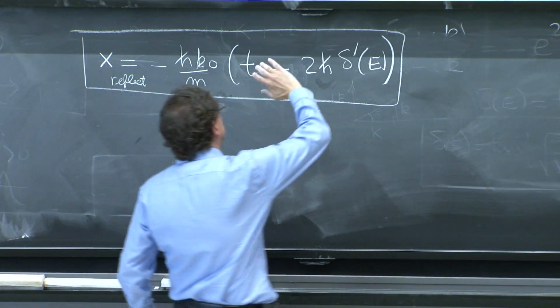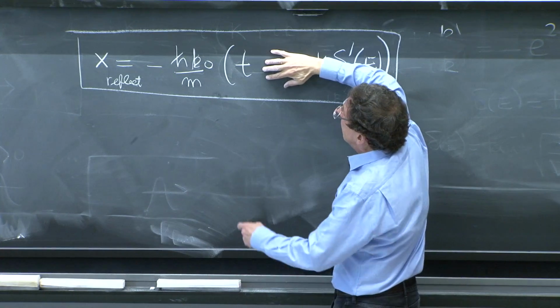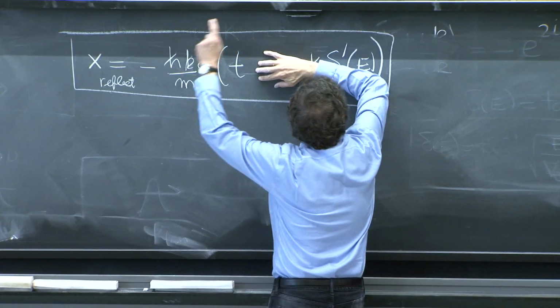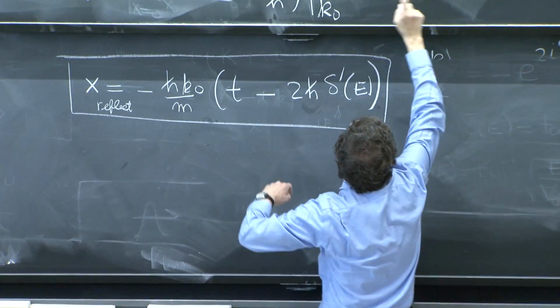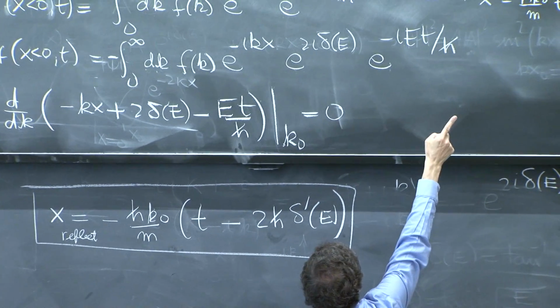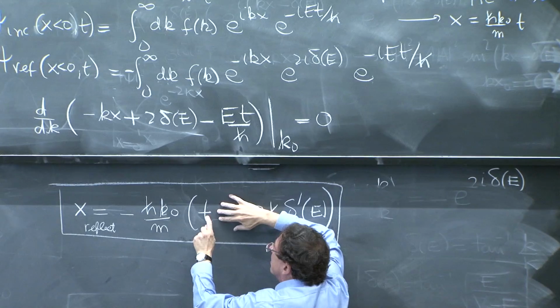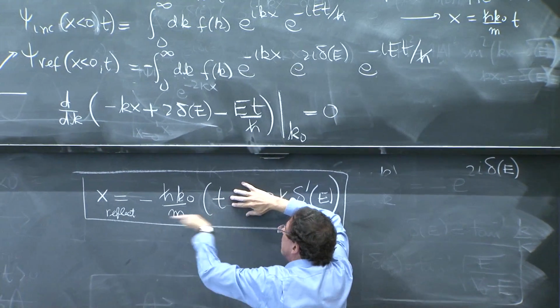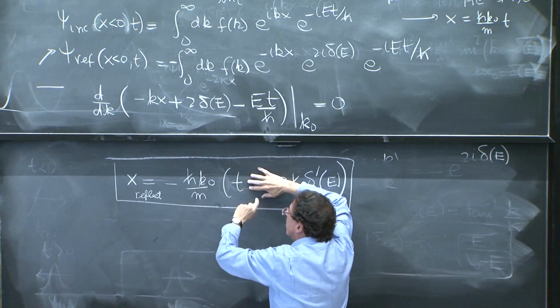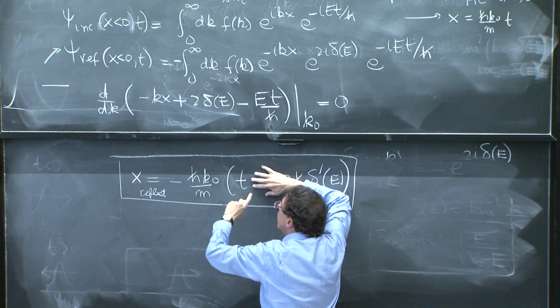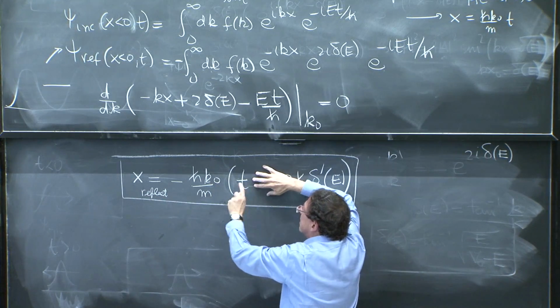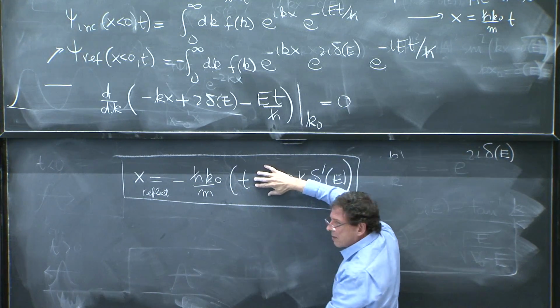Now, if this factor was not here, it is as if the incoming packet hit the origin at t equals 0, and this would be perfect bouncing, in which the packet gets reflected, and at t equals 0, it starts to move to the left, and as t increases, it moves more and more to the left.